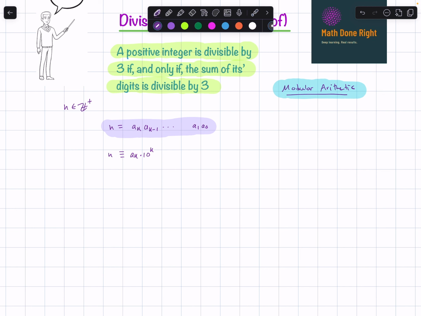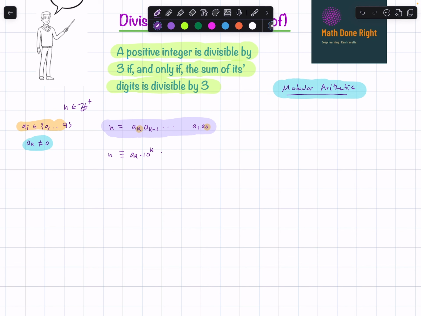This is a_k times 10 to the k. We have all of the a_i in 0 through 9, with a_k not equal to 0, or else it wouldn't be a k plus 1 digit number. By the way, this is k plus 1 digits. Notice that a_k is the leading digit, and we started counting at 0, so it's actually a k plus 1 digit number.